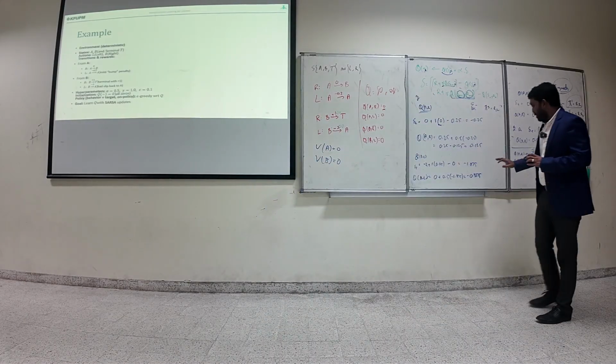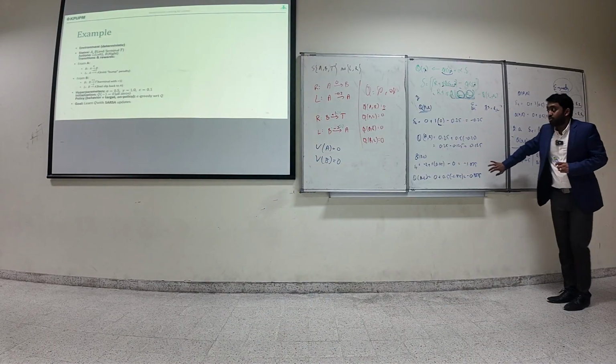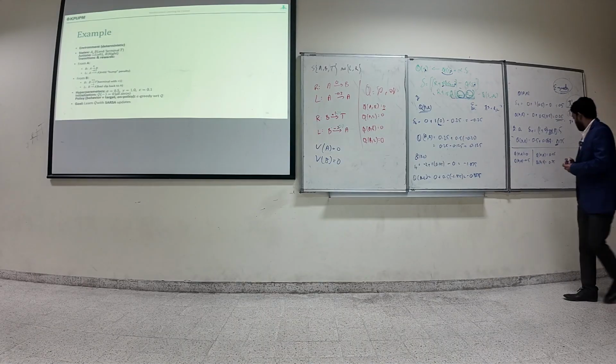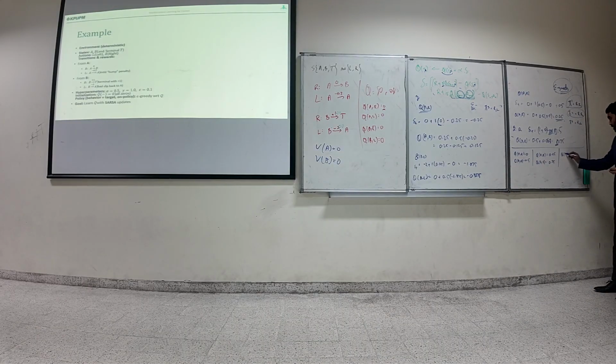Okay. So now your updated Q values are: your QAR now is updated to 0.125, QBR is same 0.75, QAL is what? Oh, it is 0 because we did not explore it yet.